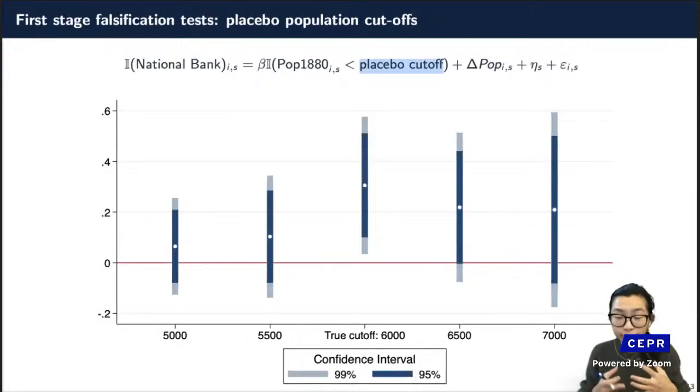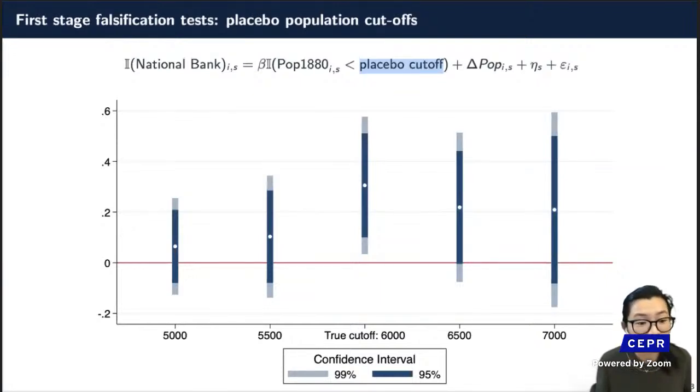What we would have been concerned about was if these other placebo cutoffs seem to have had very high placebo first stages, right? In that case, we would think that maybe it is something about general size as opposed to this particular regulation. But what it looks like is that it is really the true cutoff that has a very high predictive power for getting a national bank in the first place, and not really these other indicators for size.